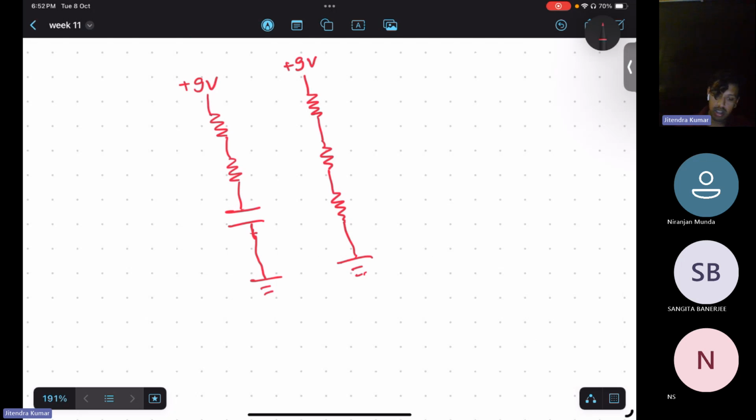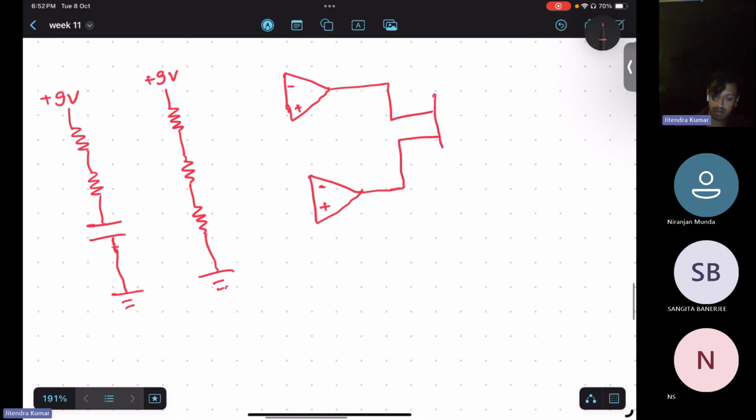Now 2 op amps will be here. And both the op amps are connected to SR flip-flop.